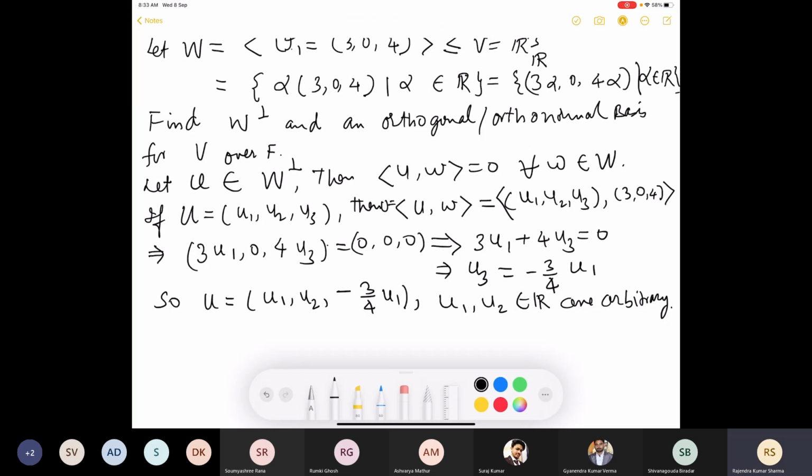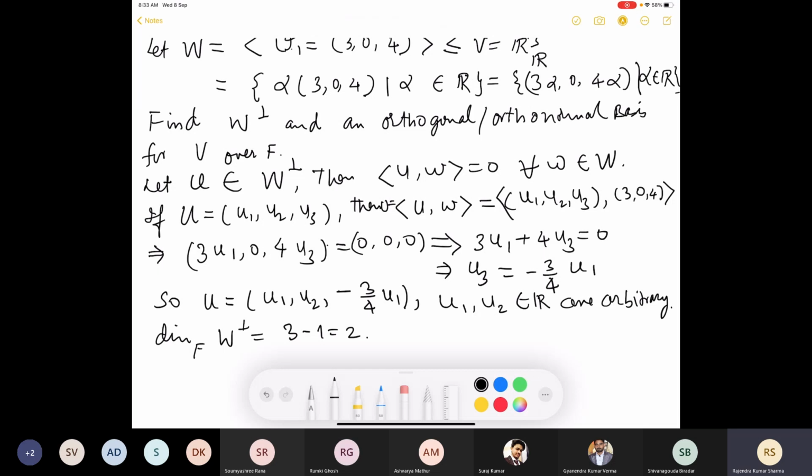You can easily see that the dimension of W orthogonal is 2, which we otherwise also know, since 3 minus 1 is also 2, the dimension of V minus that of W. It is also clear from here that it is 2, because U1 and U2 take arbitrary values.